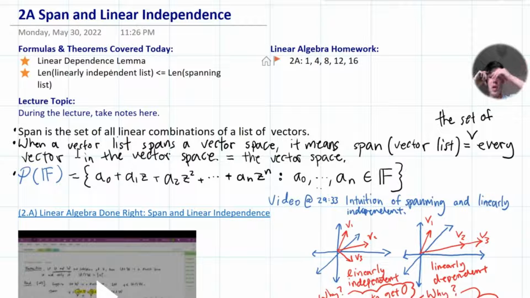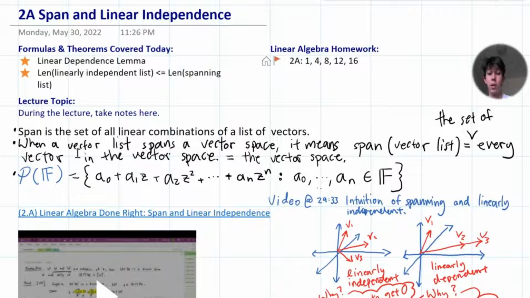That's your polynomial, right? So here it's using z in Sheldon Axler's textbook, but the basic idea is the same. So your vectors are the powers of z, right?